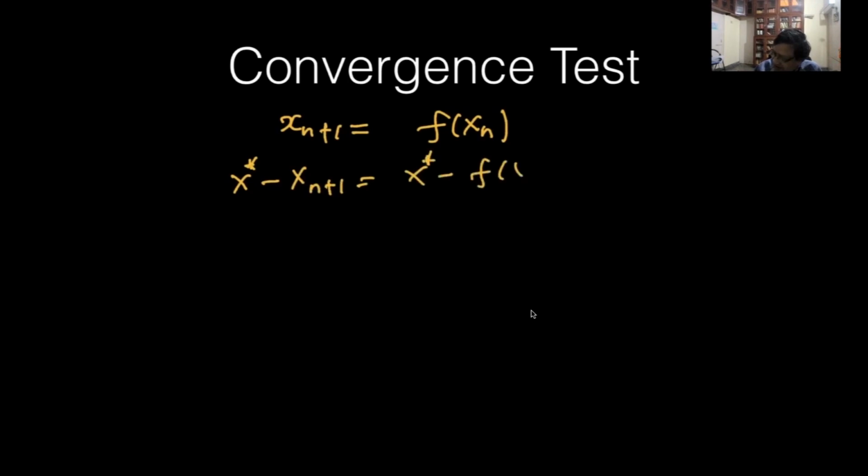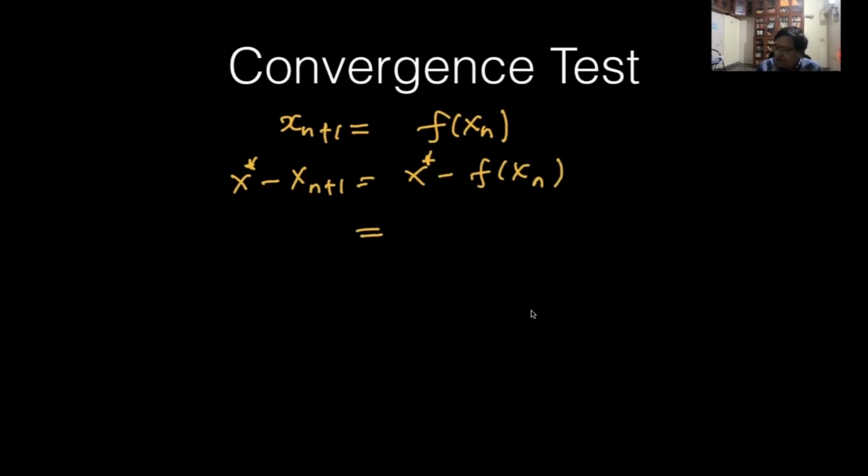The convergence test is very simple. Remember I had x n plus 1 equal to f of x n, and my solution is x star. So I just say x star minus x n plus 1 equals x star minus f of x n.